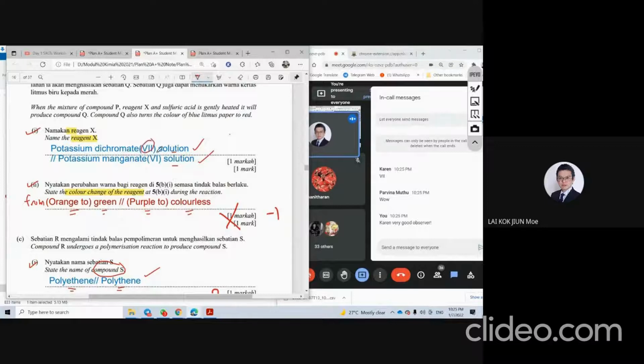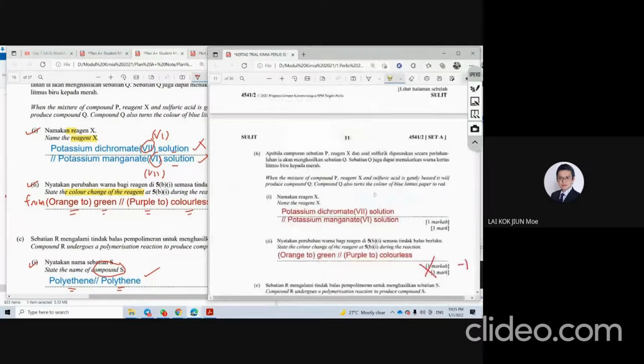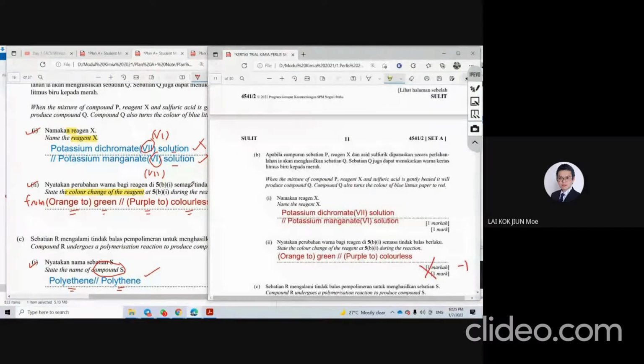This one wrong, this one wrong. How can you all be so careless? Potassium manganate is 7. Always remember 7. Dichromate is 6 only. Yes, like this. Not good. Next time must be careful.